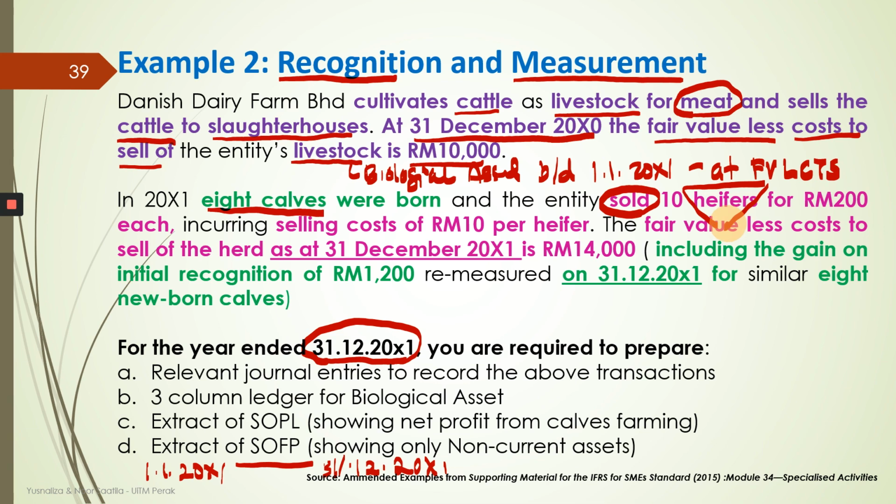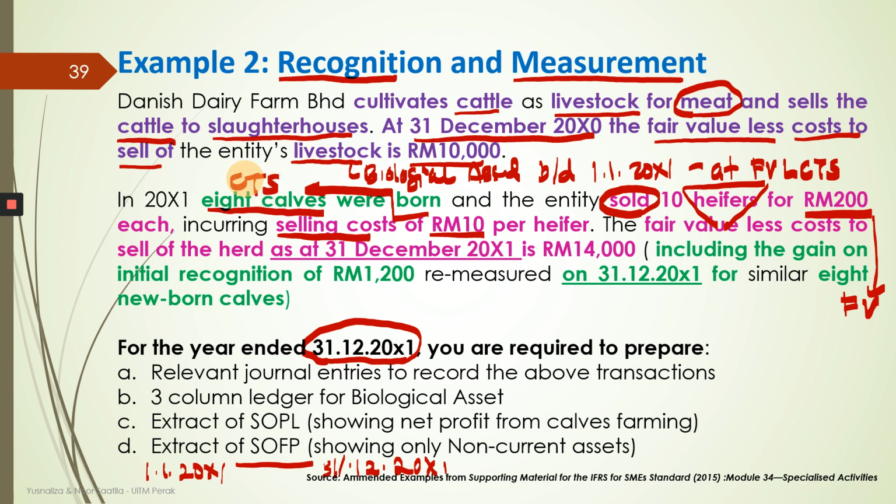So there will be some reduction in the biological asset. The figure given here is actually the fair value of the heifer at that date, and you also incur a selling cost of 10 ringgit per heifer, which is your cost to sell.